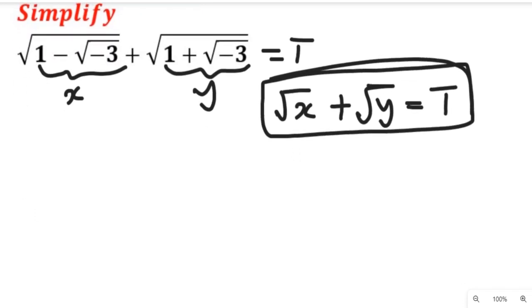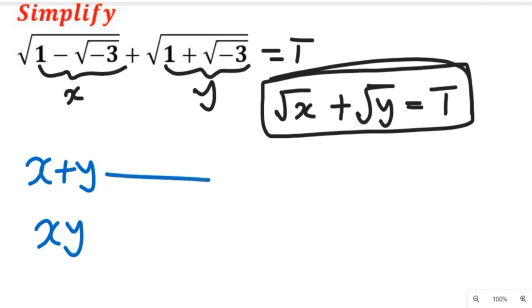But before we start, let us look for two values: x plus y, and on the other hand, the value of x multiplied by y.